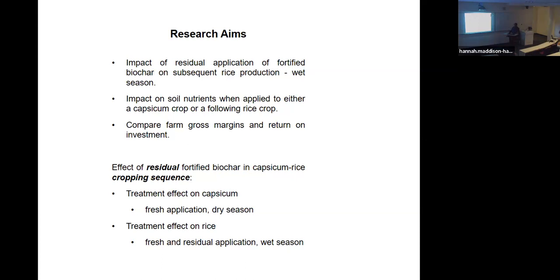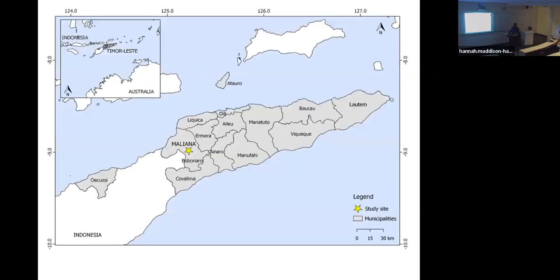At the same time, through this study, we also want to see the impact of biochars, nitrogen, and phosphorus on soil nutrients, whether in vegetable production in the dry season or in the wet season in rice cultivation areas. And then we also look at some economic calculations in terms of gross margin and investment return made by farm households in the study areas.